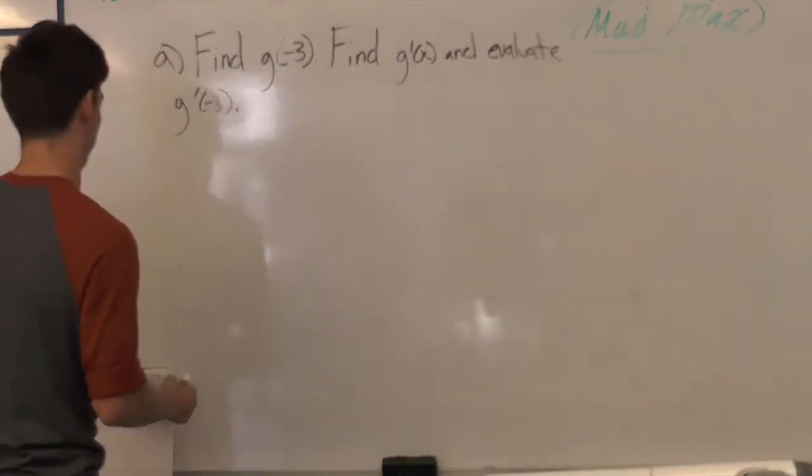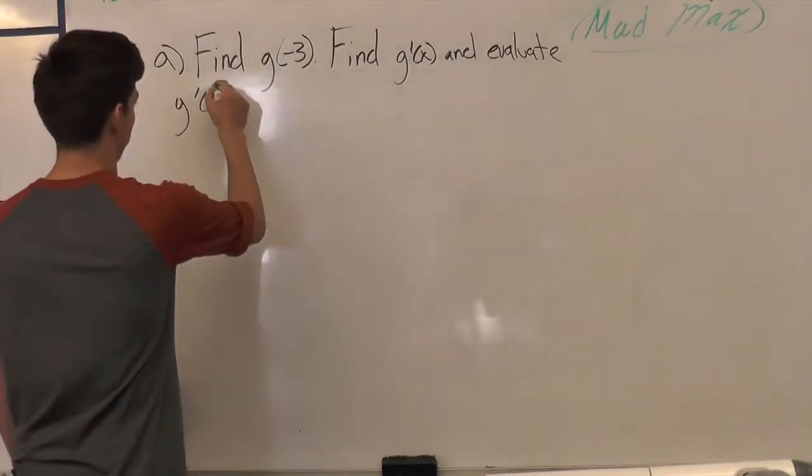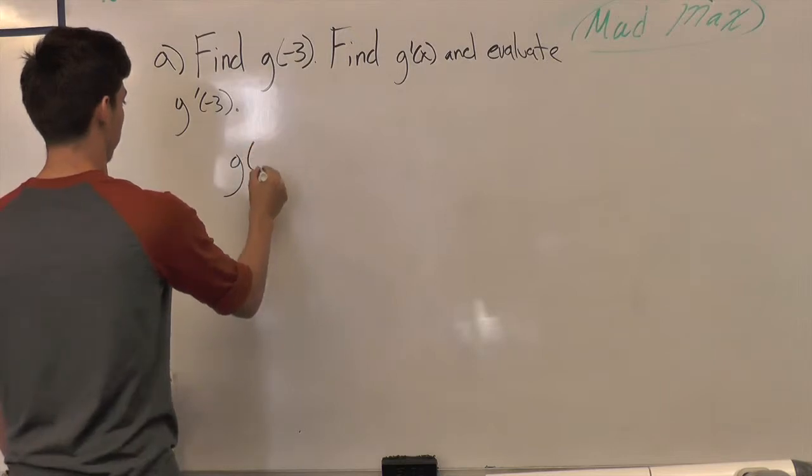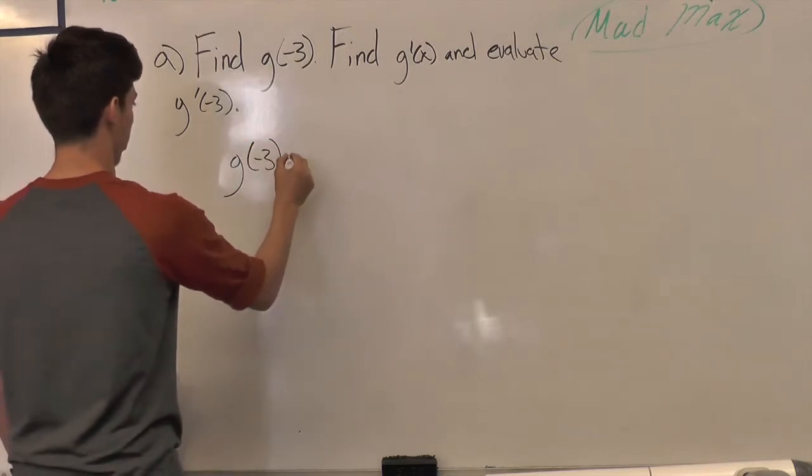First, to find g of -3, you plug in -3 into your x's.